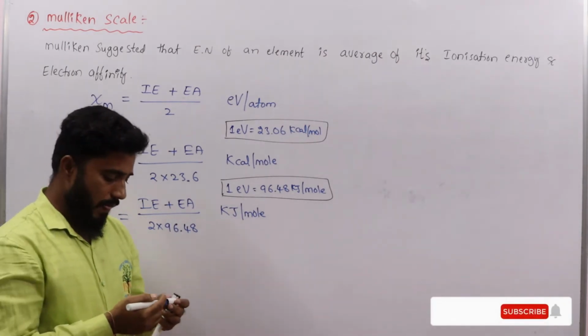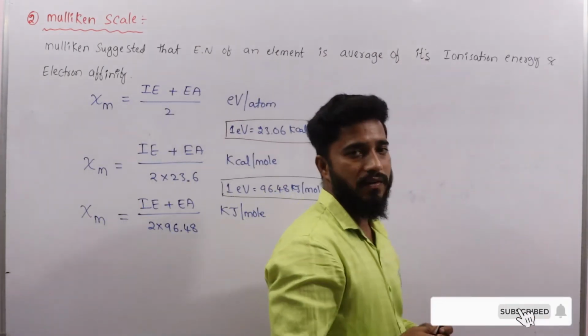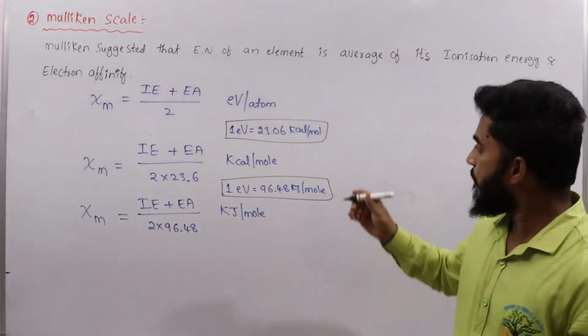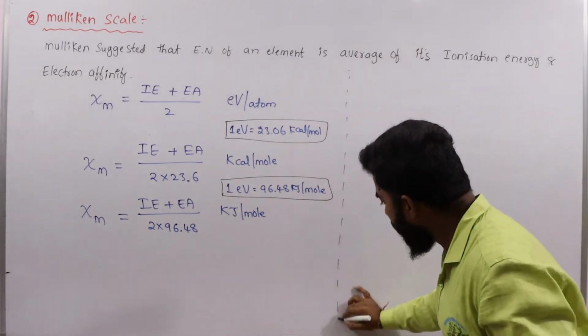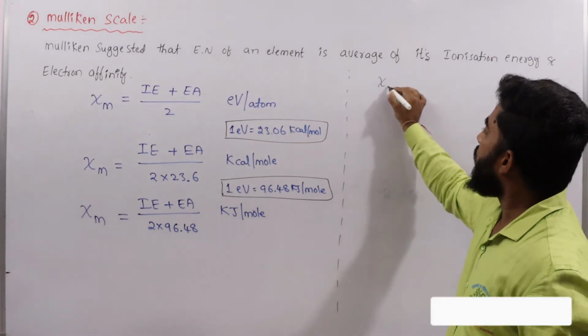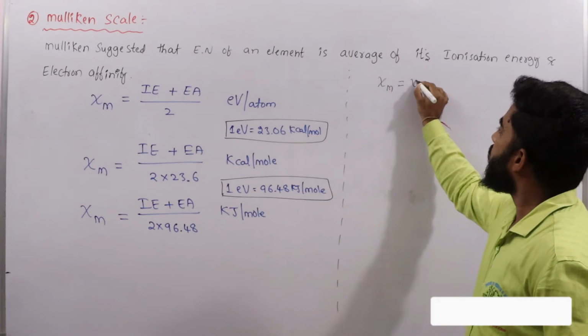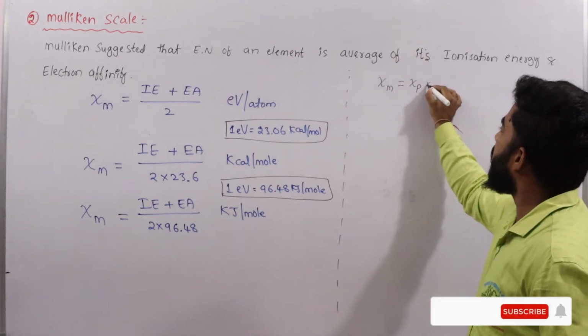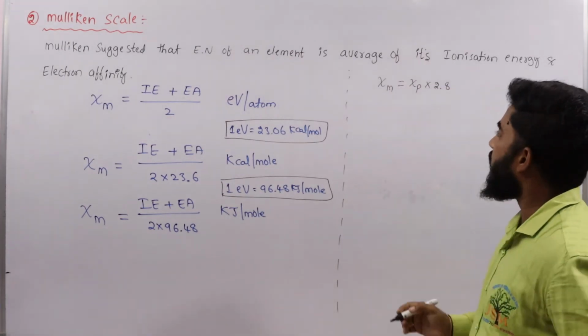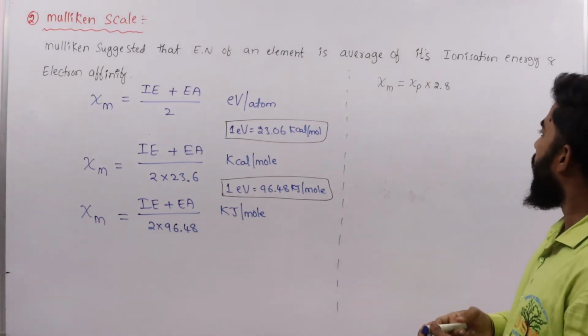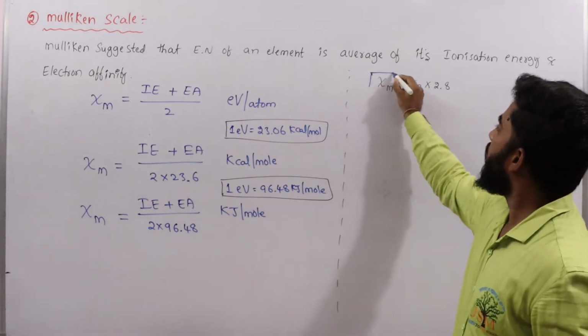So what is the relation between the Mulliken and Pauling scales? The electronegativity value according to the Mulliken scale is 2.8 times greater than the Pauling scale. Remember this.